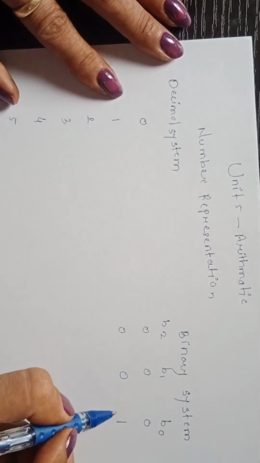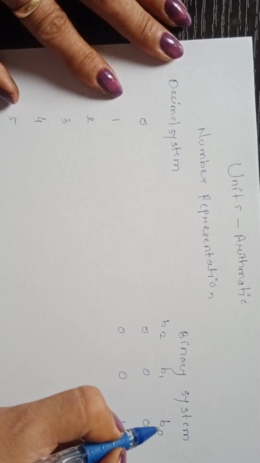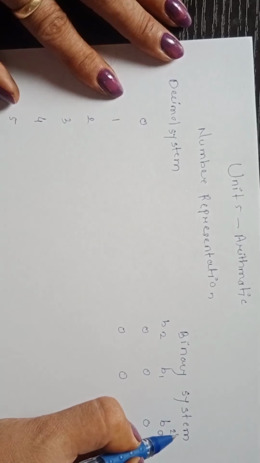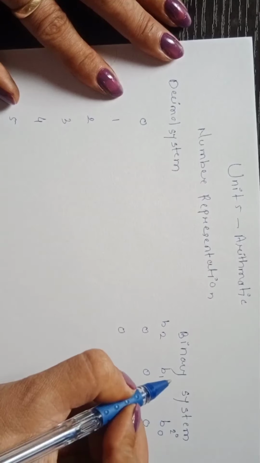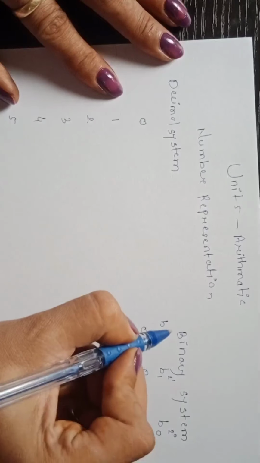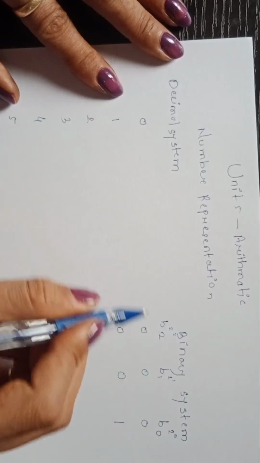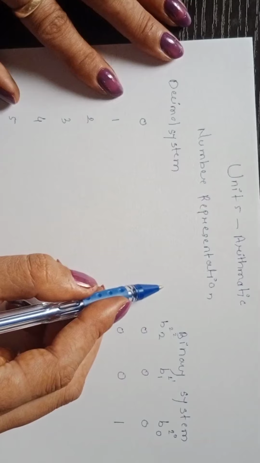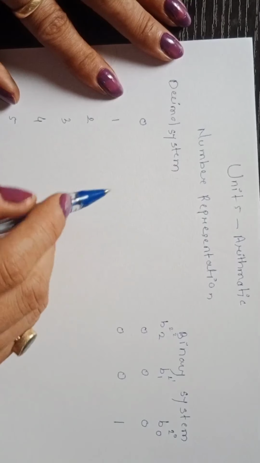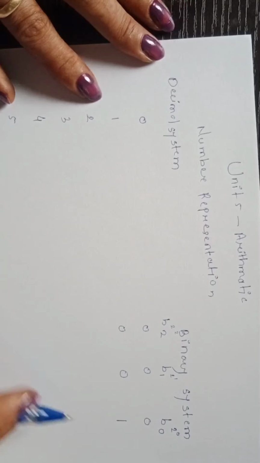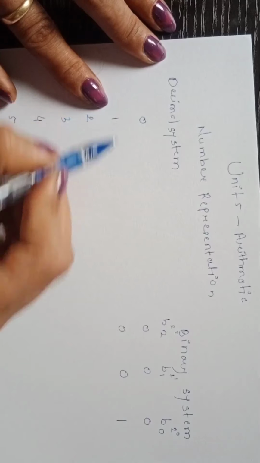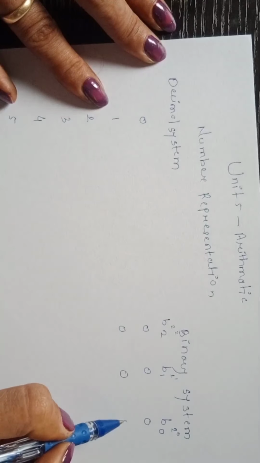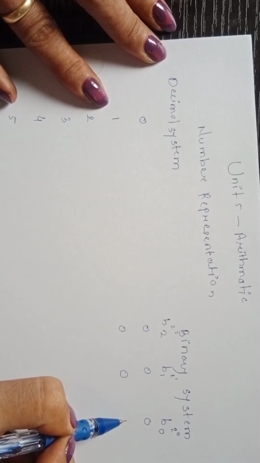Now how is it 0 0 1? We know that in the binary number system we can write powers of 2: 2 raised to the power 0, 2 raised to the power 1, 2 raised to the power 2, then 2 to the power 3 is 8, 16, 32, likewise. Now we have 1 bit, so 2 to the power 0.